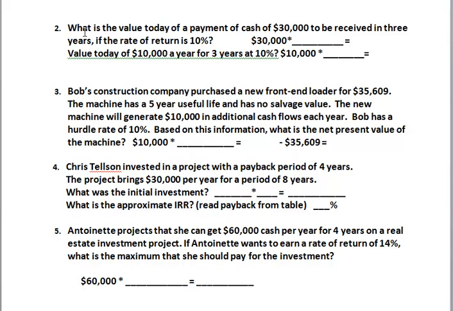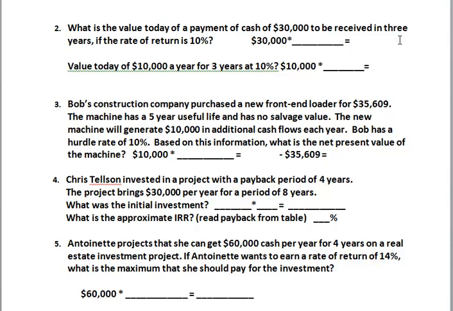Question number 2 says, what is the value today of a payment of cash of $30,000 to be received in 3 years if the rate is 10%? So here, what you're looking for is the present value of a single sum. Okay, so we're looking for the present value of receiving $30,000 of cash 3 years from now.